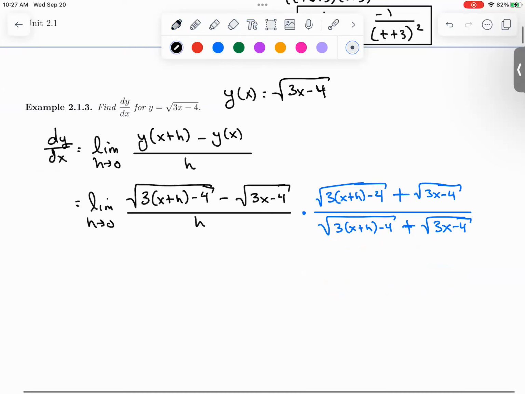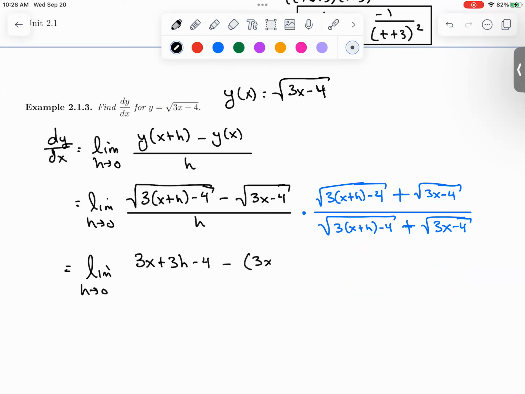So this becomes the limit as h approaches 0 of 3x plus 3h minus 4 minus the quantity 3x minus 4, all divided by h times the quantity square root of 3x plus 3h minus 4 plus the square root of 3x minus 4. A lot of algebra. So much algebra. I love doing algebra.